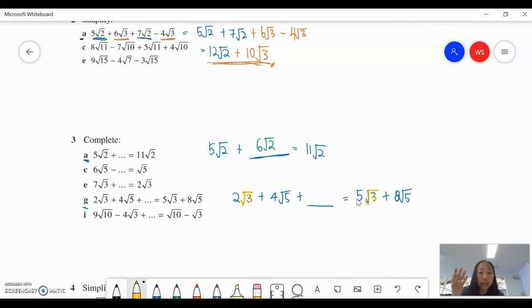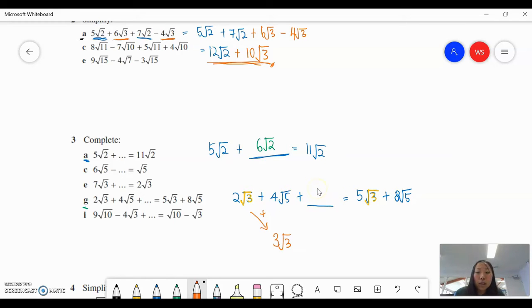They need to be balanced because this is an equation. Thinking back, you will be able to see that you would have to add 3 more groups of that square root of 3. So if you add this together, your 2 groups of square root of 3 plus 3 groups of square root of 3 will give you 5 groups of square root of 3. So this has to be one of your surds in your answer as well.